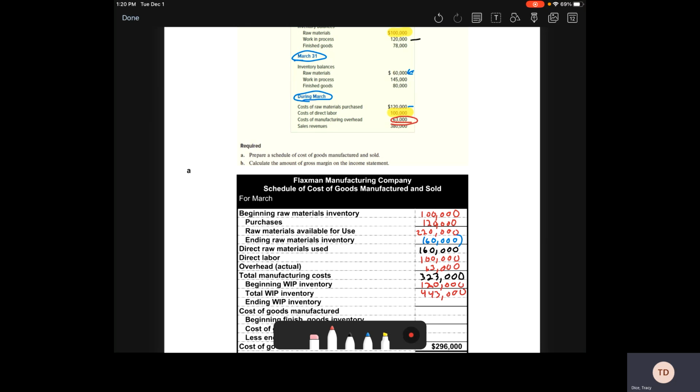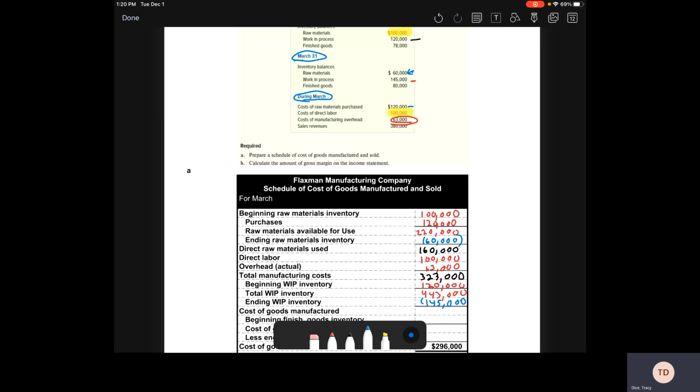And then we need to find our ending work in process inventory, which is also up here, 145. So that's what we have left. We take our total manufacturing costs, because those are what we used to turn raw materials into products.